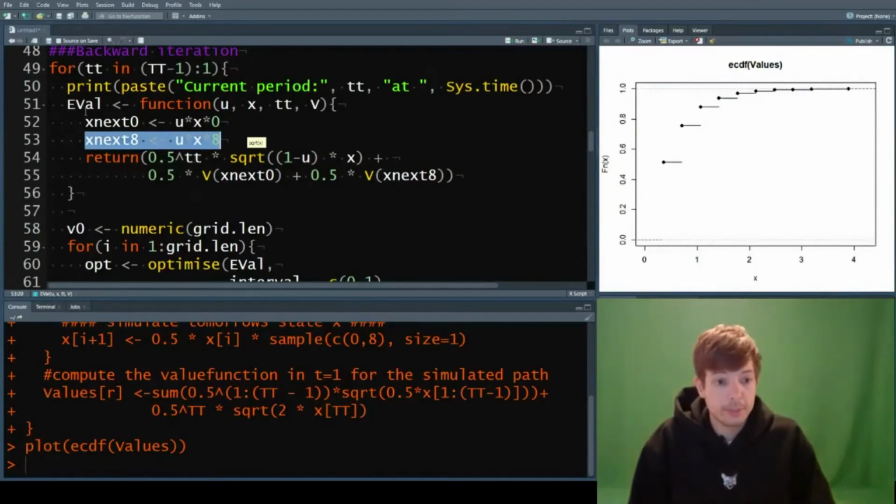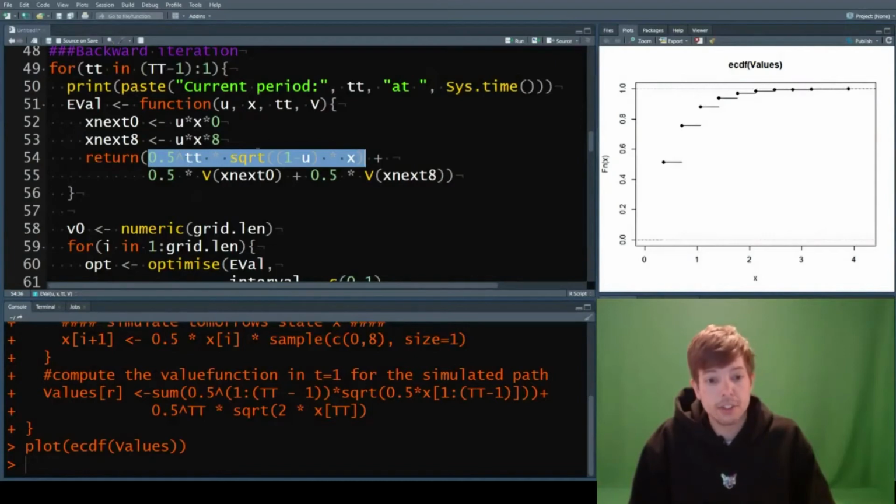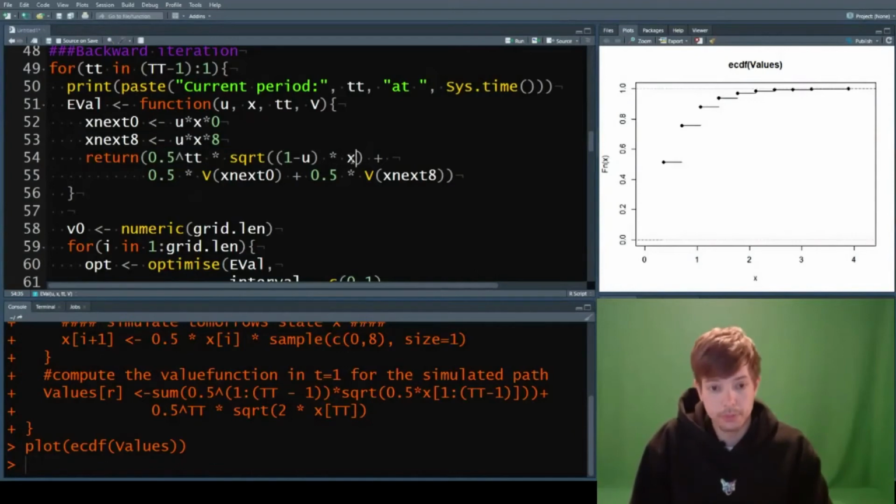So what our expected value function returns is just the contemporaneous utility, 0.5 to the power t times the square root of 1 minus what we invested times our state, plus with 50% probability the value function of tomorrow if we don't have any wealth anymore, plus again with 50% probability the value function of tomorrow with the state of 8 times what we invested. And the expected value function here has 4 arguments.